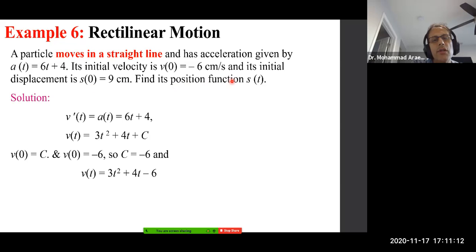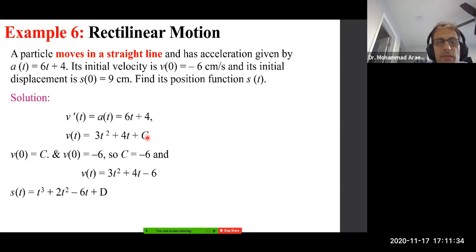So the position function, we are going to integrate this one now. So 3 over 3 t cubed plus 4 over 2 t squared minus 6t and another constant. Now, if you use the same c, it's awkward because it's really not the same constant, but I know what you mean. I suggest you use a different one.